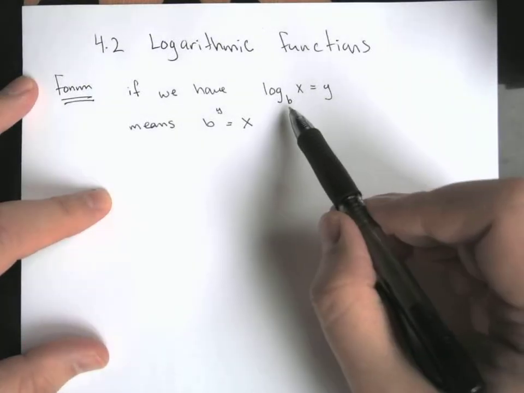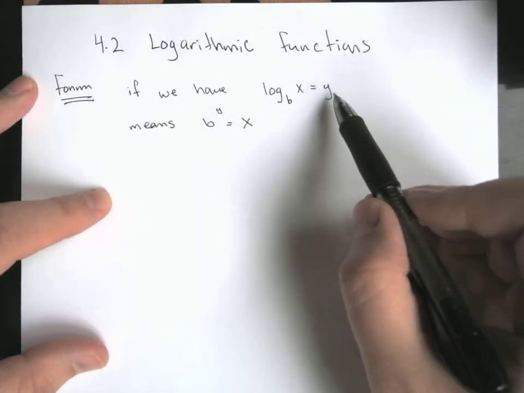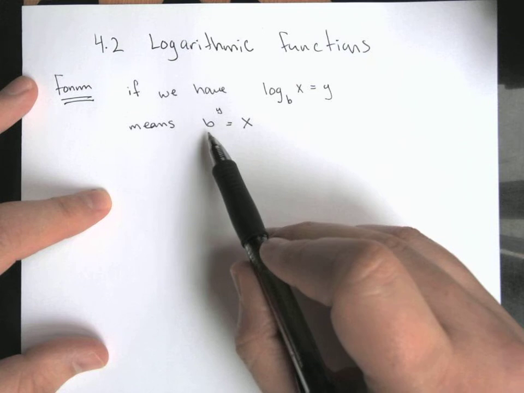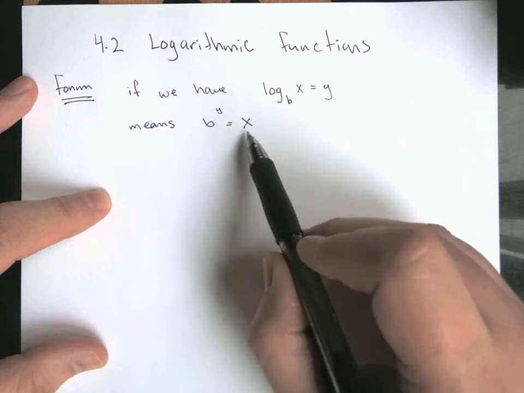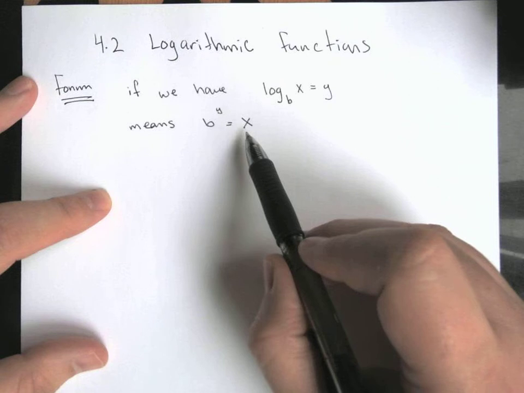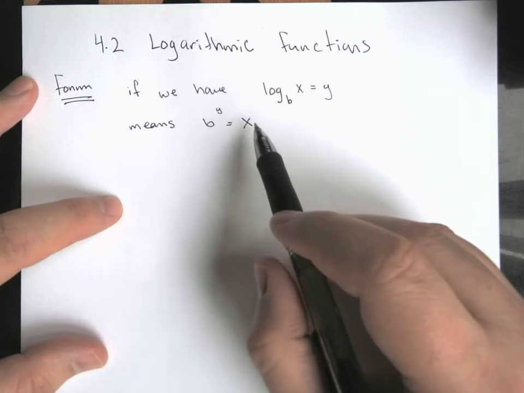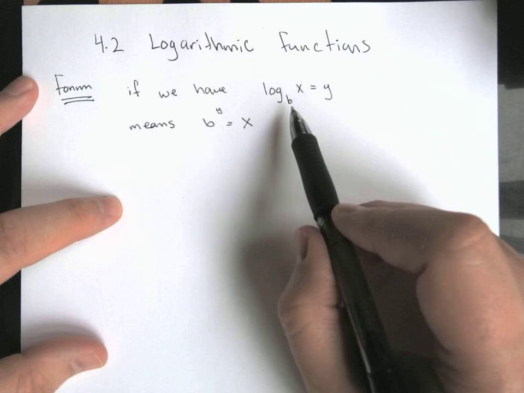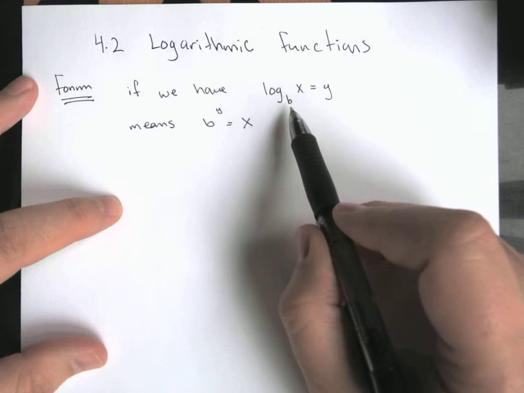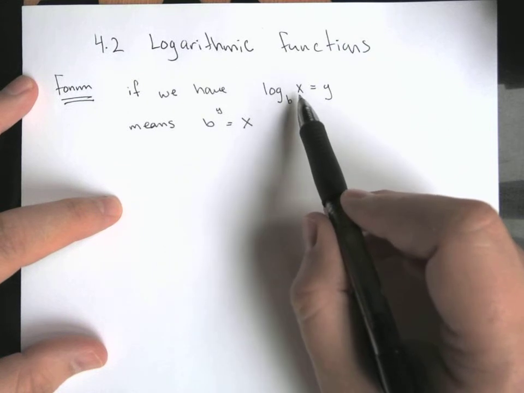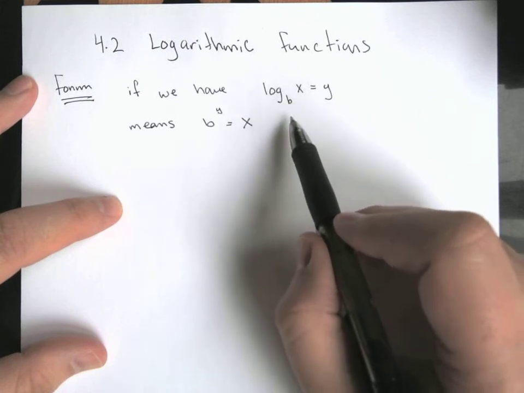So the log base b of x equals y means that if you take b and you raise it to the y, you get back to this x value. So in theory, when we have a logarithm, we're really asking ourselves, what is the exponent that you need to put onto the base number to end up at this value x? It's this little puzzle. What's the power that you need to get to x if the b value is your base value?